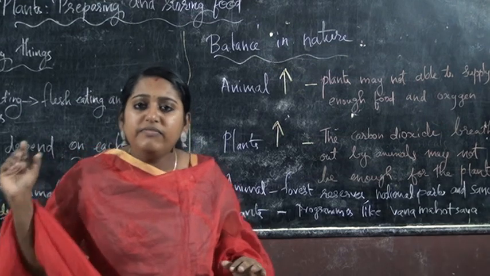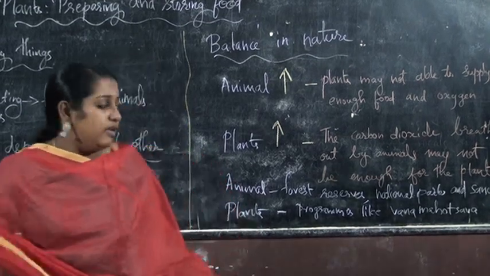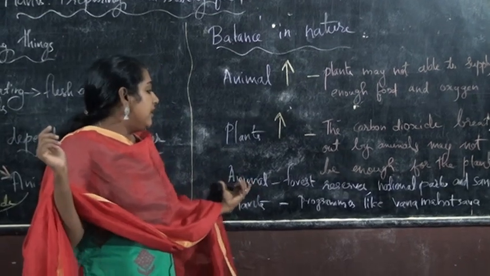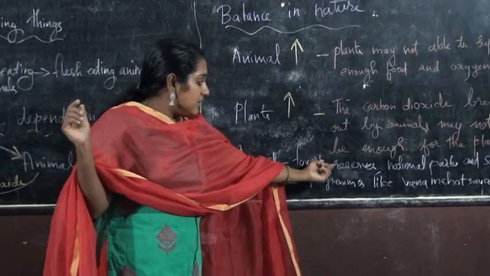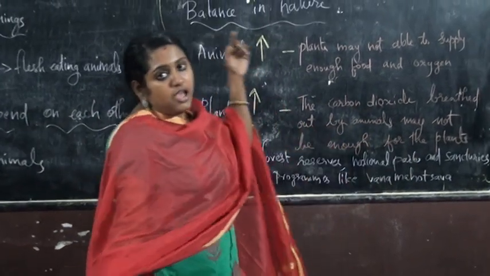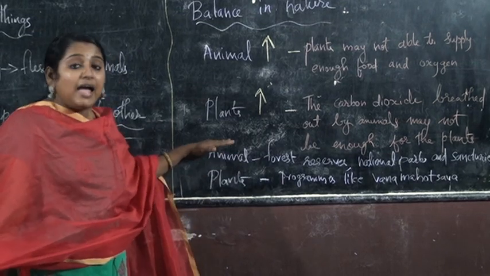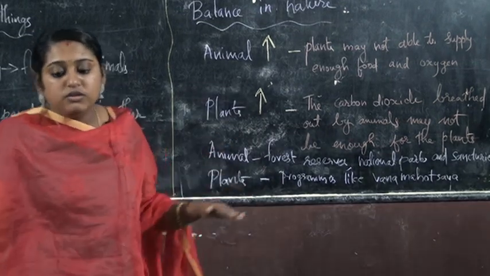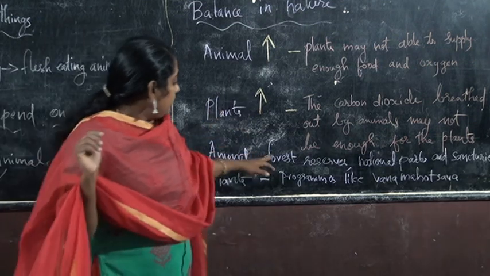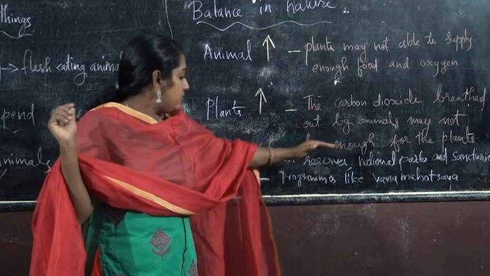Clear or not? What do we have to do to maintain the balance in nature? We know that to protect animals there are forest reserves, national parks and wildlife sanctuaries.